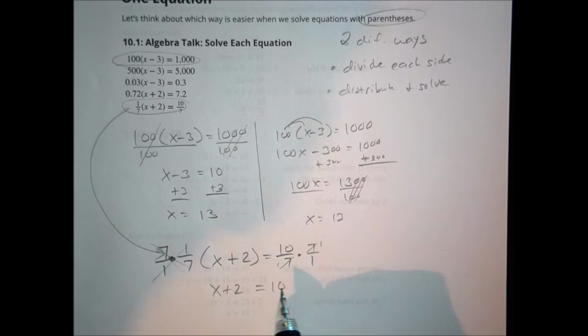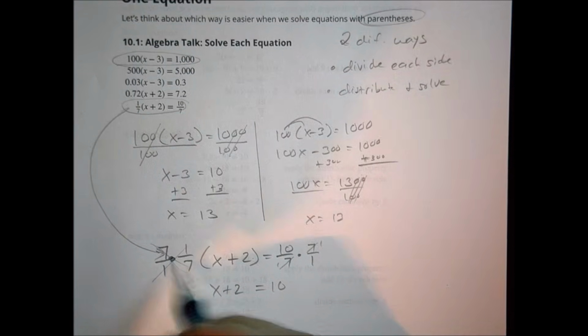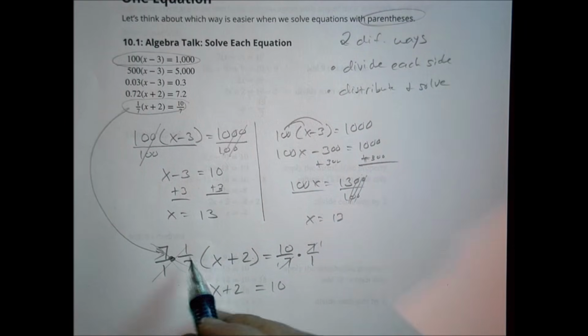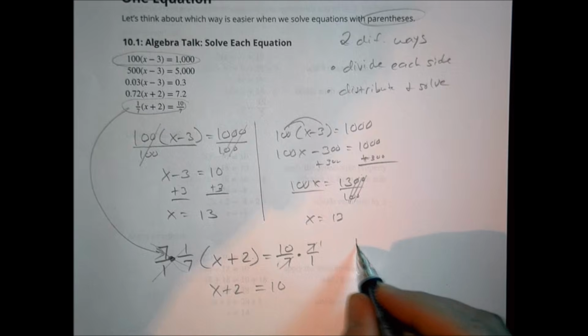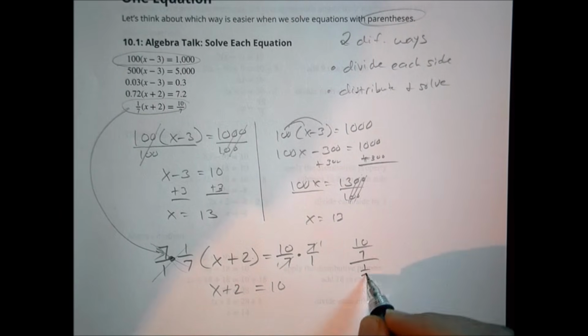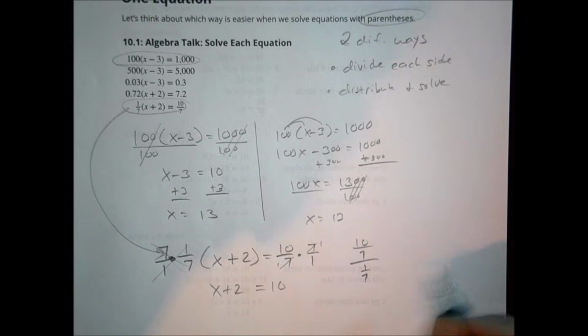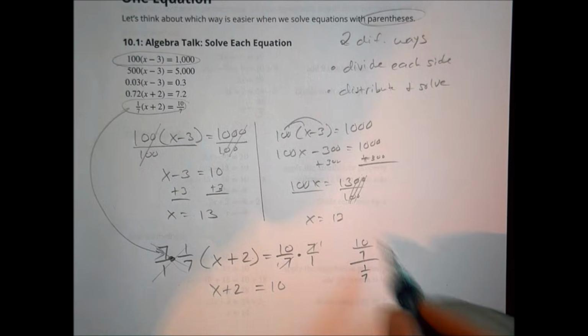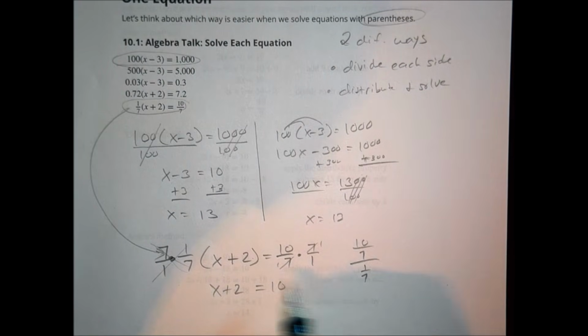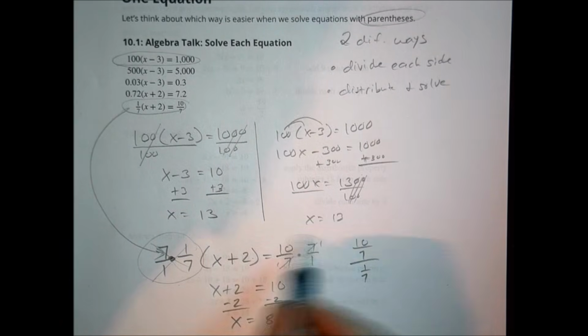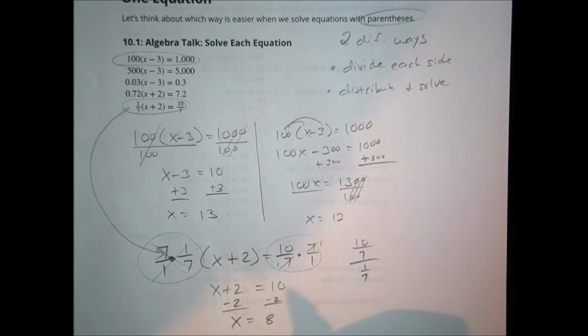So this was one where it's good to go ahead and get this part out of the way. It's like I'm dividing by 1/7, but 10/7 divided by 1/7 is the same as multiplying by the reciprocal, and so you still end up with 10 there. And if I subtract 2 from both sides, I have x equals 8 as my solution. So just remember that you multiplied by that reciprocal in order to clear that fraction out of the way.